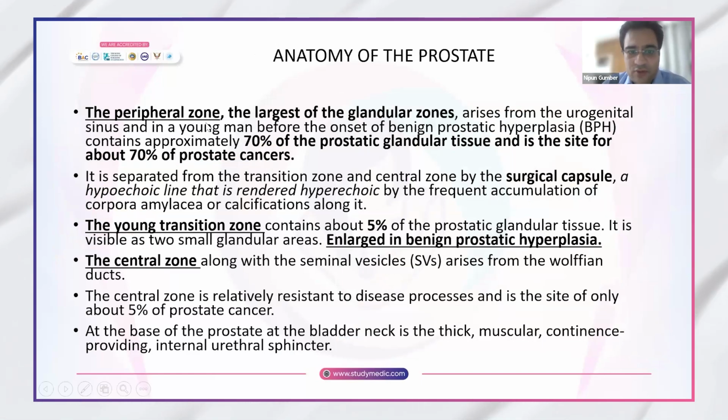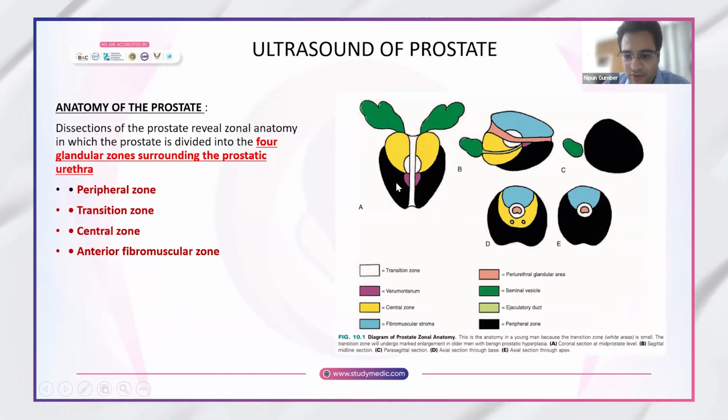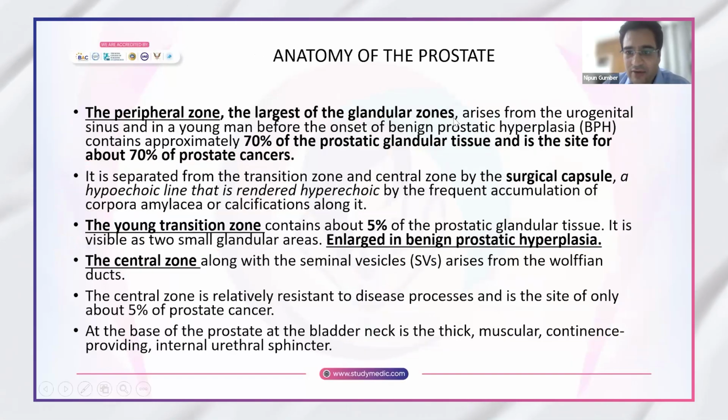The peripheral zone is the largest of the glandular zones. It arises from the urogenital sinus, and in a young man before the onset of BPH, it contains approximately 70% of the prostatic glandular tissue, and it is the site of about 70% of prostate cancer. So the peripheral zone is the site of prostate cancer.